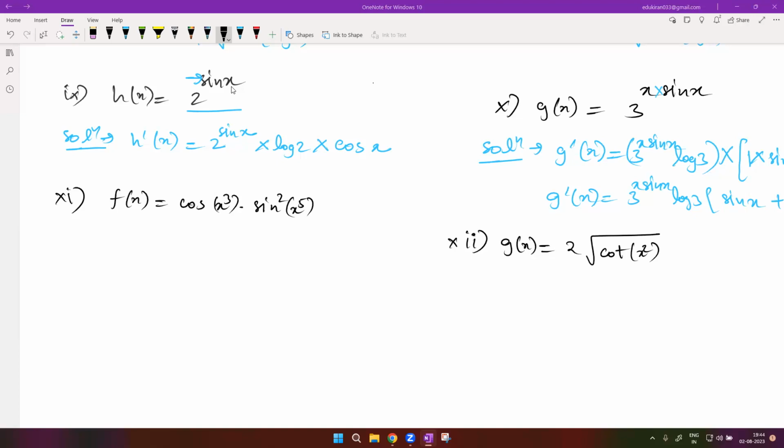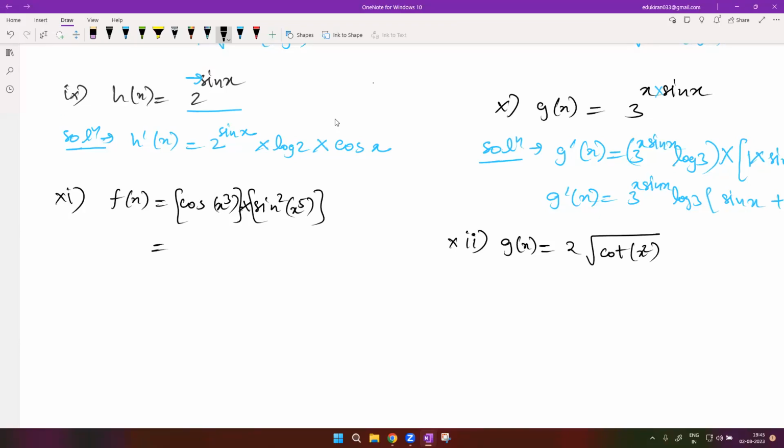I mean, what is happening in this case is we have two functions which are in multiplication, and both of these two functions individually are composition of functions. So in this case, we got a function cos of x cube, and another function is sin square x to the power 5. Now these two are in multiplication, but cos of x cube in itself is a composition of function, and sin square of x to the power 5 in itself is a composition of function.